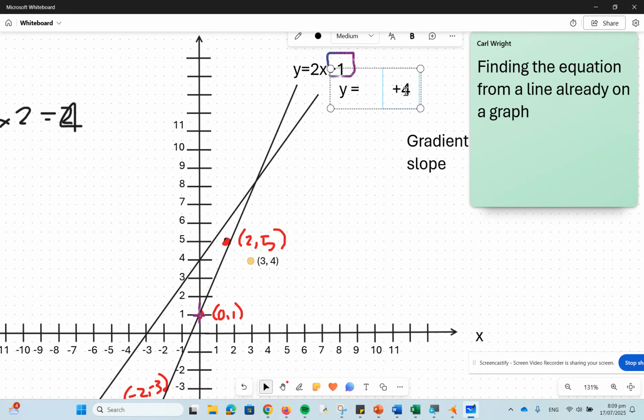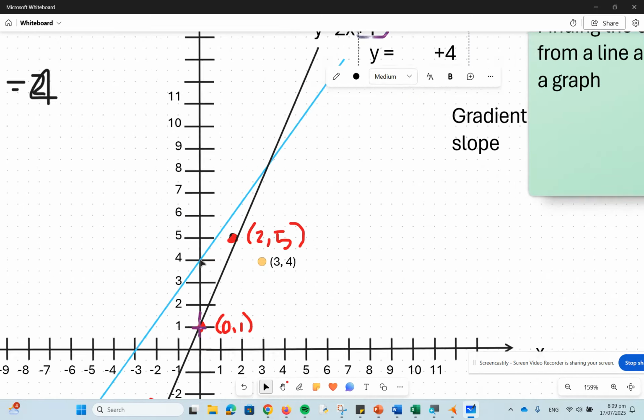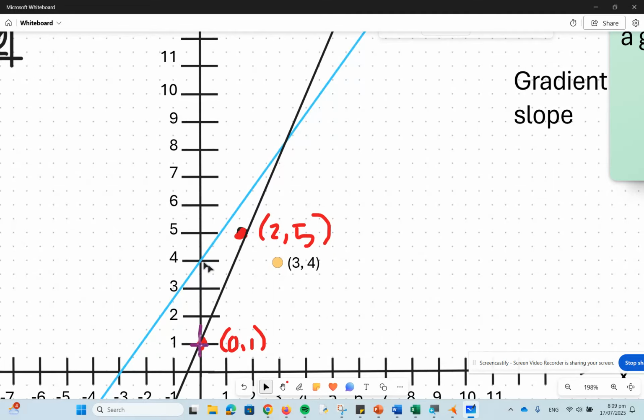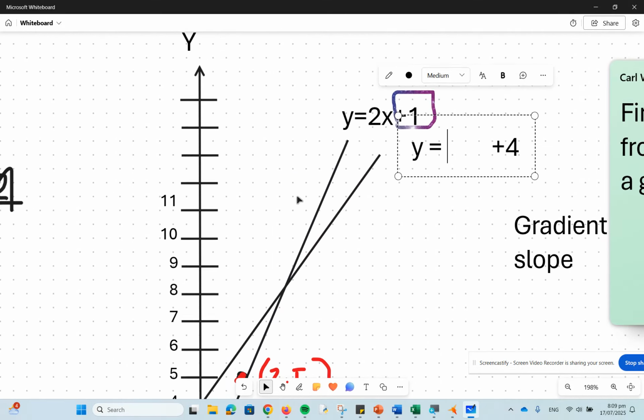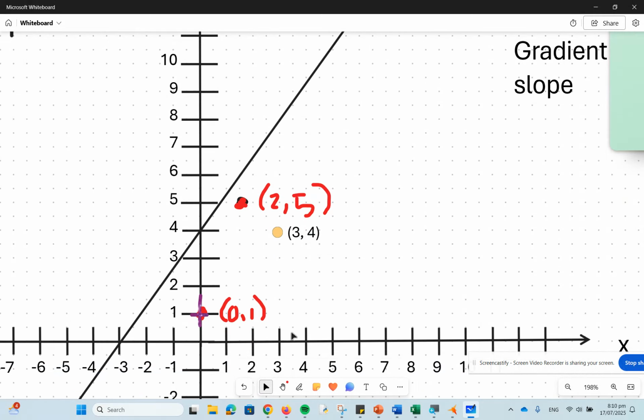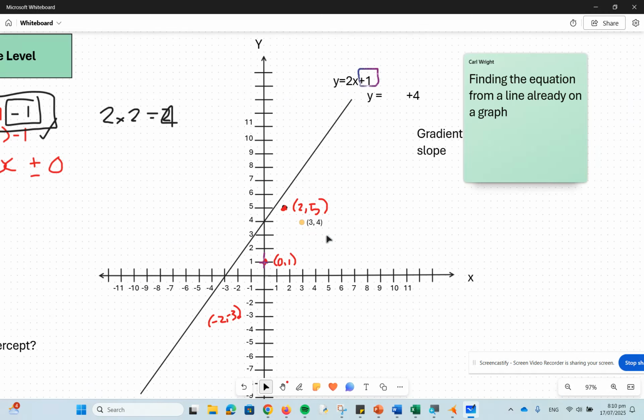Now, to do this, you can easily do this by starting at the y-intercept, and you're trying to look at where the line... I'm going to delete that one for a second because it's very confusing. What I want to do is start at the x and go rise over run.